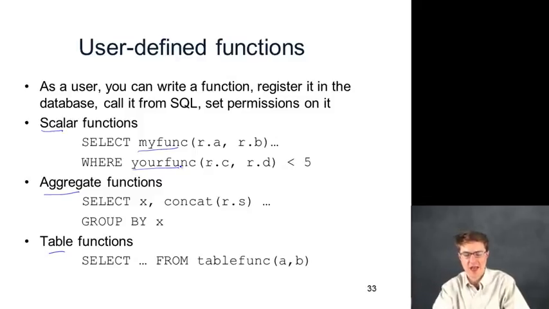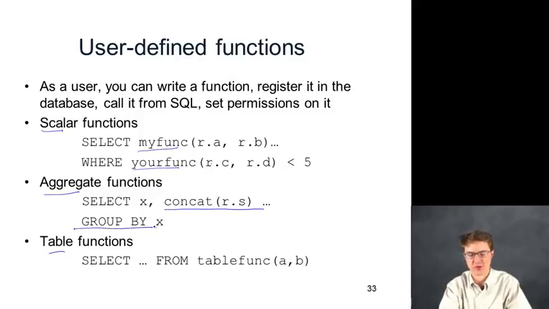Okay. An aggregate function appears in the select clause only and is always associated with a group by. And here I've indicated perhaps a common aggregate function that users define when it's not available built in, and often this one isn't: concatenate.